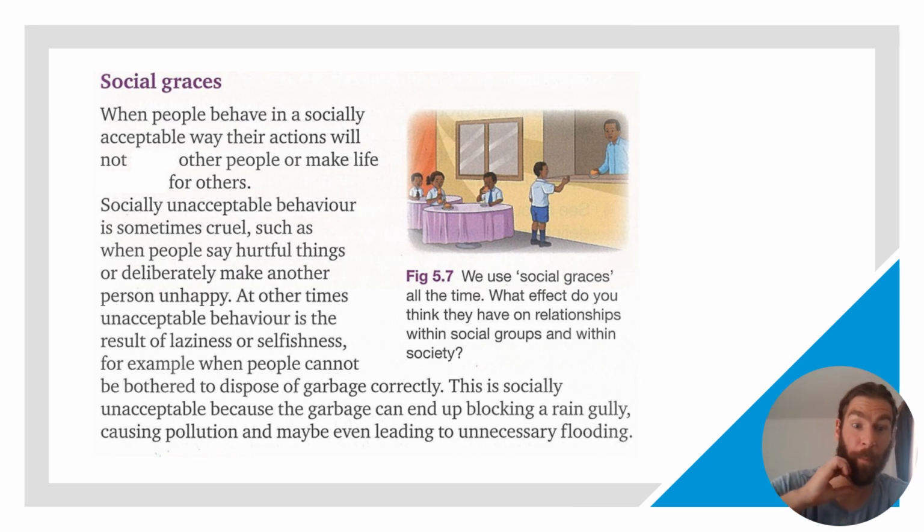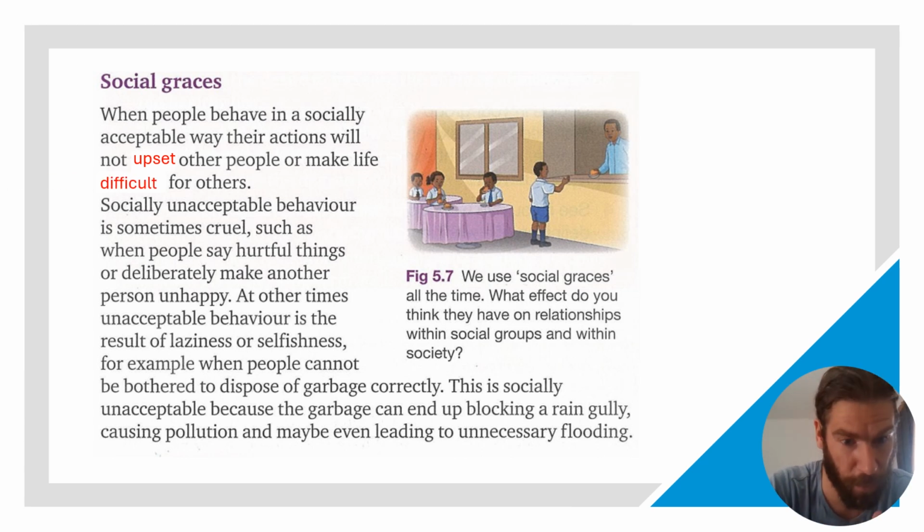So when people behave in a socially acceptable manner, they dress themselves acceptably, they say thank you, and they are polite when they want something in the school canteen. It will not upset other people. It will not create a clash or make life difficult for others.